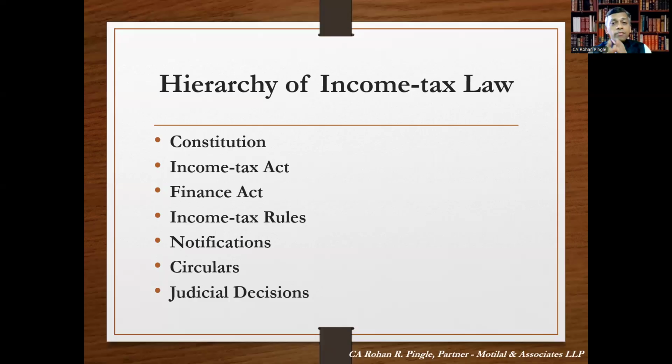The central government frames the income tax rules under the powers delegated by the Act. Then CBDT issues notifications, orders, and circulars to administer the law, that is, explanation and clarification. Finally, courts and tribunals interpret these provisions whenever disputes arise between two parties. Whenever two authorities appear inconsistent, this hierarchy helps determine which provision prevails.